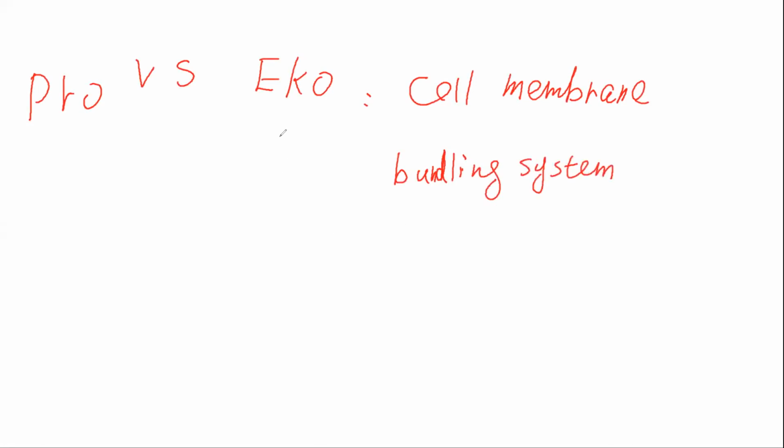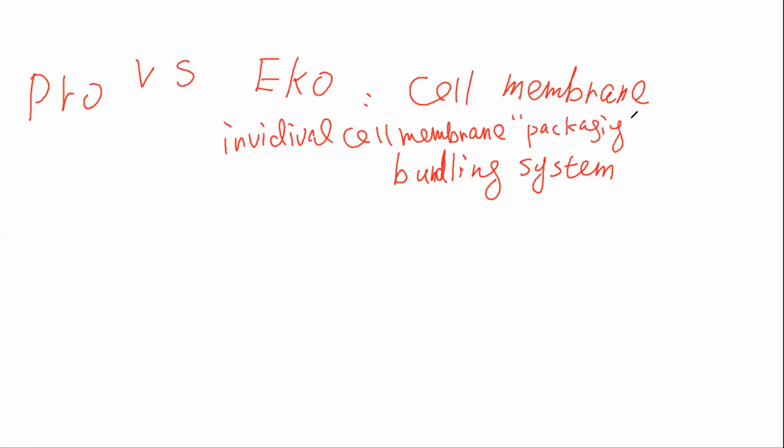In eukaryote cells, each cell machinery has an individual cell membrane to separate or package it. In prokaryotes there is no such cell membrane.